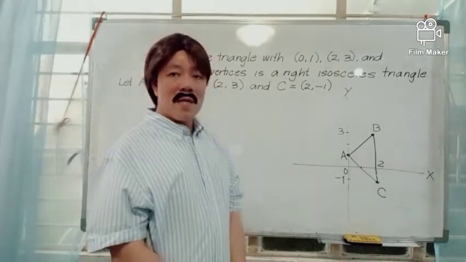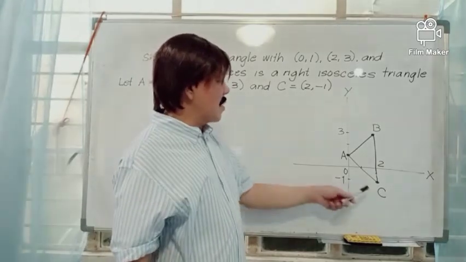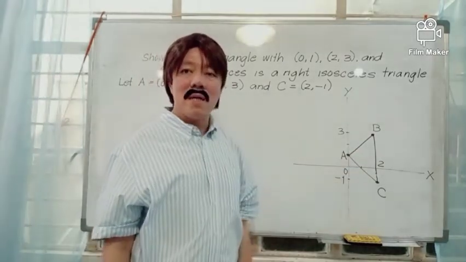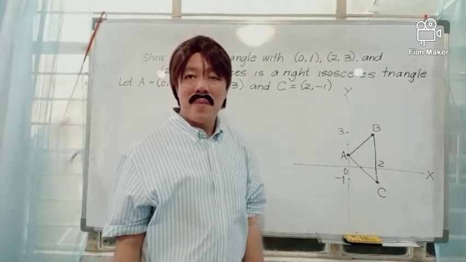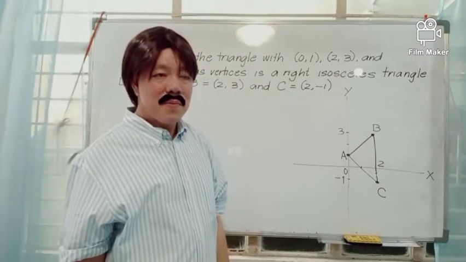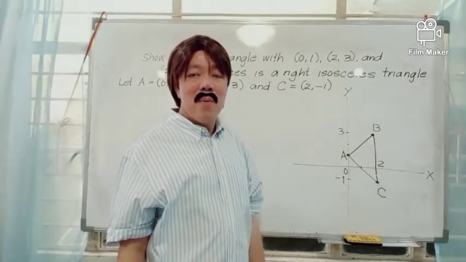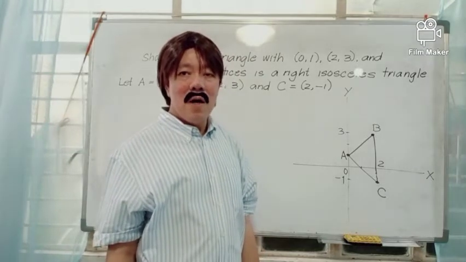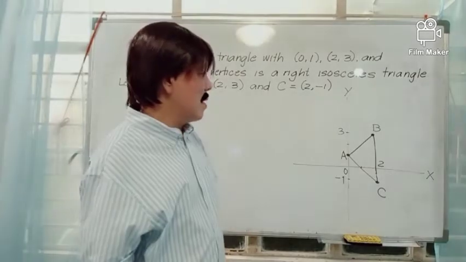And secondly, we have to show that the lengths of the sides of this triangle satisfy the Pythagorean theorem, because only a right triangle will satisfy the relationship among the three sides of a right triangle given by the Pythagorean theorem.